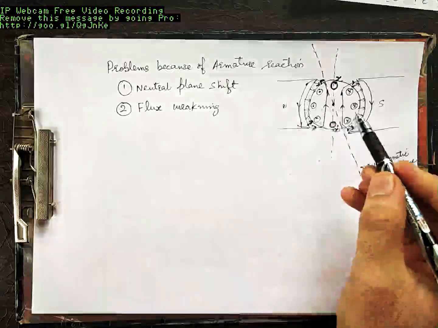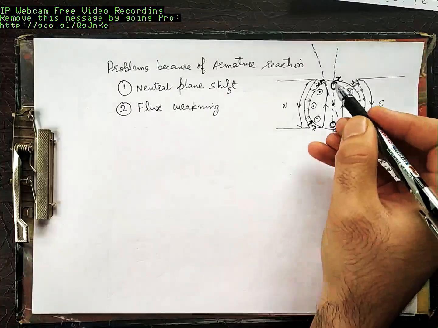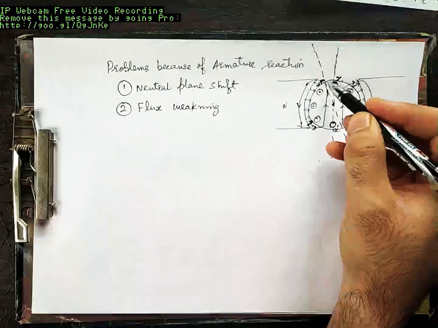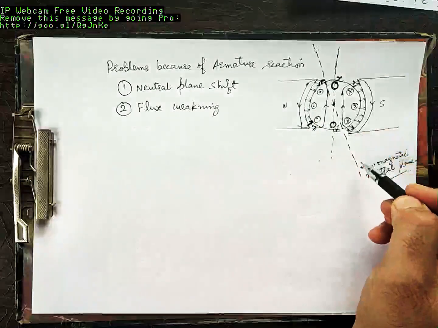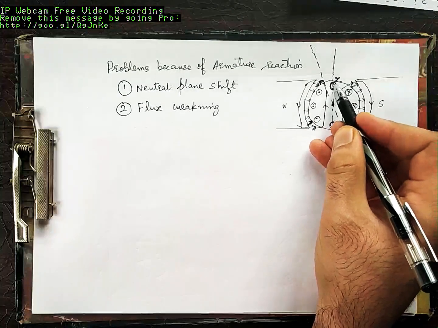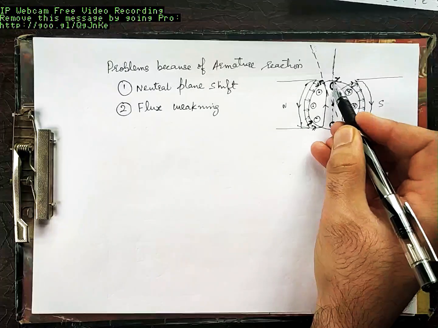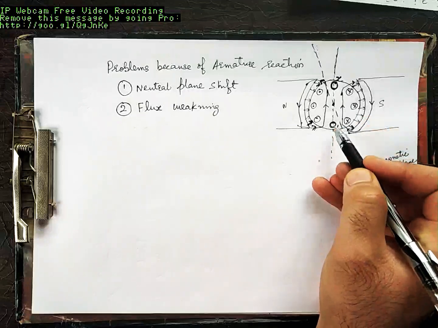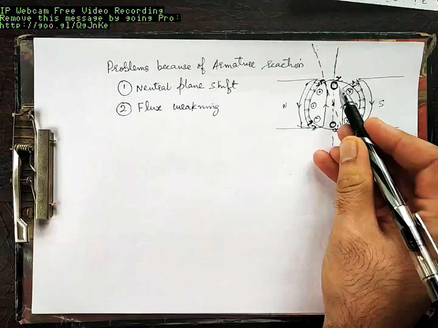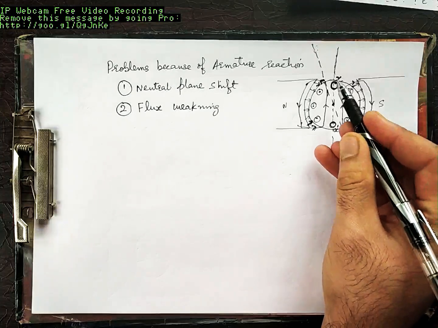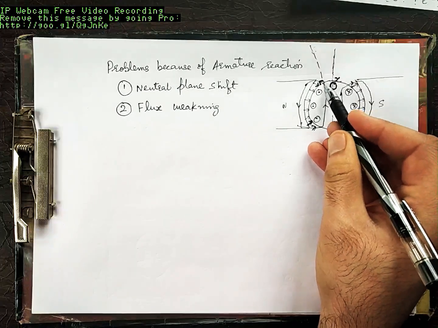But because of the magnetic neutral plane shift, now the magnetic neutral is not here. This is not the magnetic neutral, this is the magnetic neutral. That means when the coil is here in this position, it is being short circuited by the brush, but the voltage induced in this coil is not zero now. Voltage will be zero when this coil is here at this position.